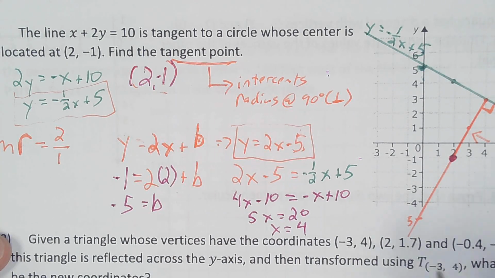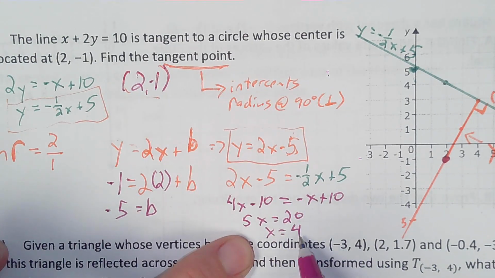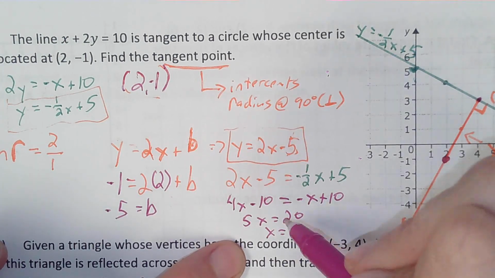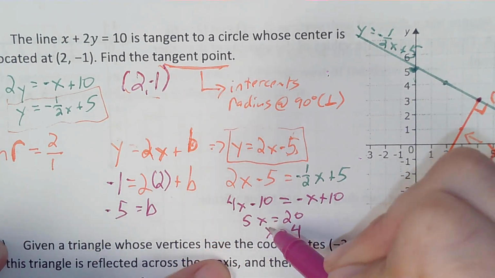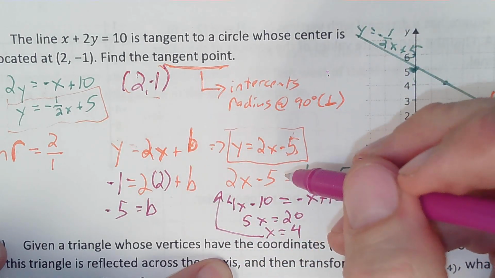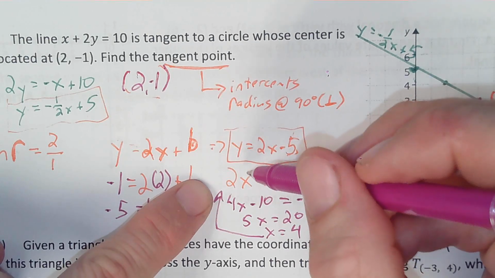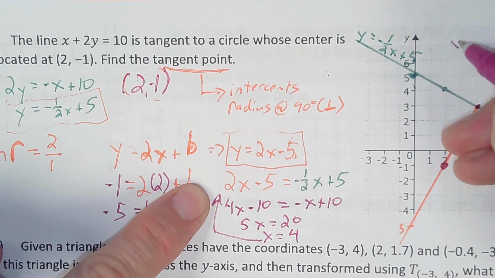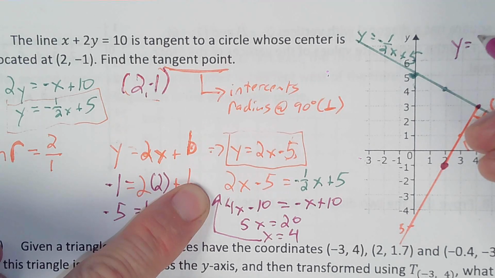Okay, so when these equal each other, my x value, sure enough, equals 4. Then I take this value, 4, and drop it back into the first equation. When x equals 4, 2 times 4 minus 5, that's 8 minus 5, which is 3.